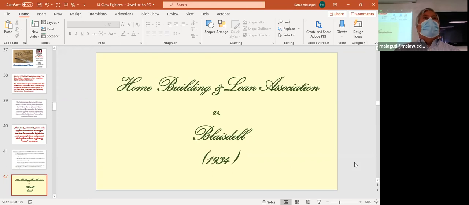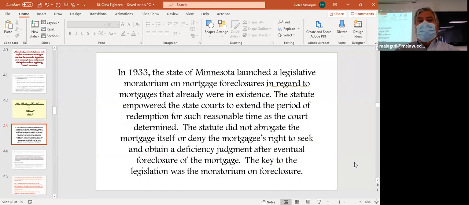And this is the worst economic time since the Great Depression. It literally is the worst economic time for a lot of people since the Great Depression. So a lot of states like Massachusetts have come in and created these moratoria. This happened in 1933. Minnesota did this. It created a legislative moratorium on mortgage foreclosures.